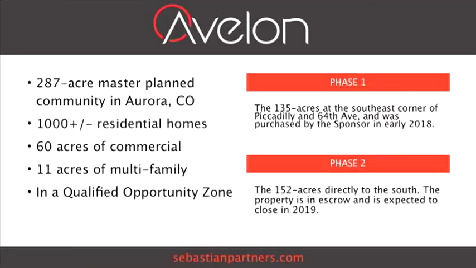All right, so as I said, it's 287 acres. Who knows where the new Gaylord Marriott Hotel is? We're just about half a mile to the east before you get onto E470, going down to 56th Avenue. We have a plan to have plus or minus 1,000 residential homes.